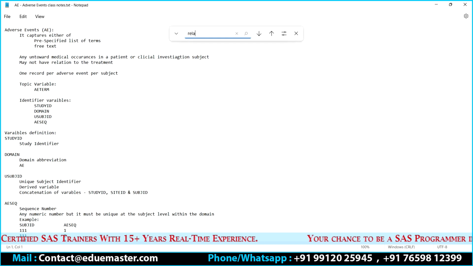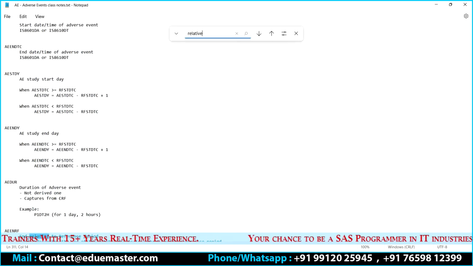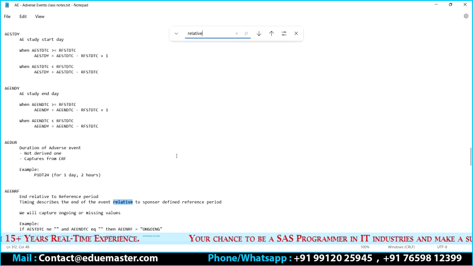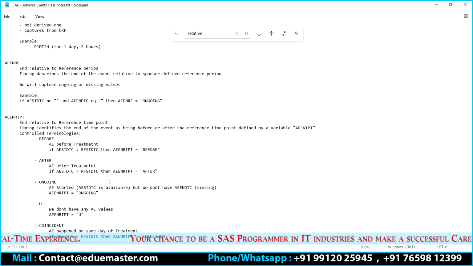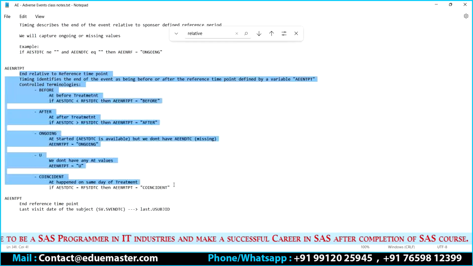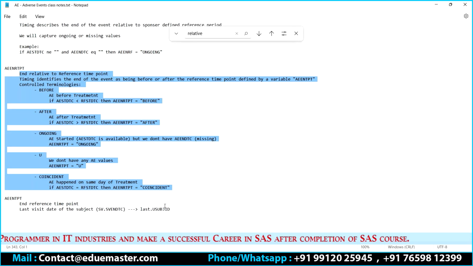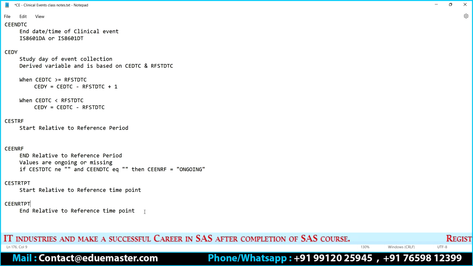The relative reference time point, here it is. You can use pretty much the same thing. Whatever you have there, the same thing you can use here. Everything remains the same. End relative is going to be the same.